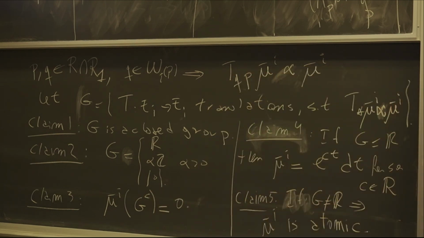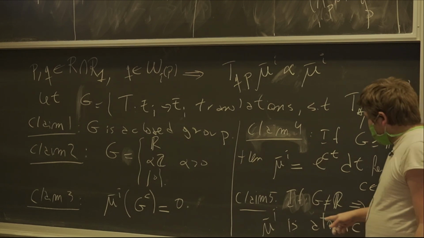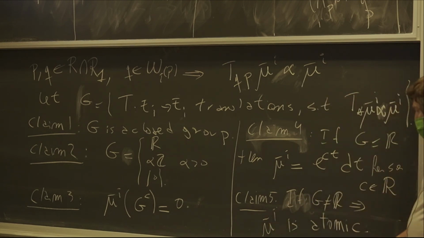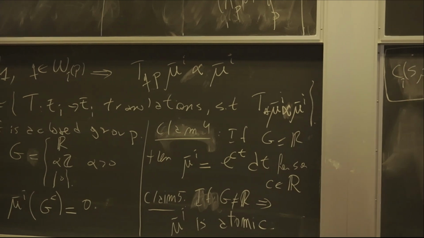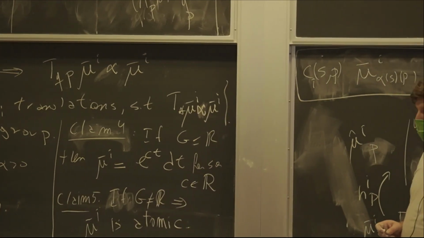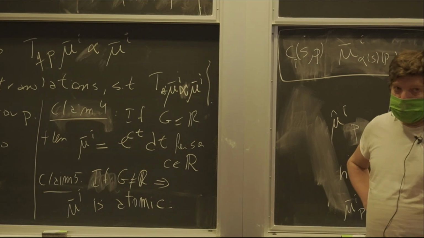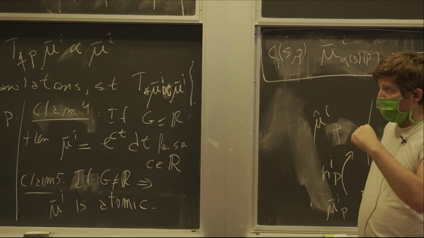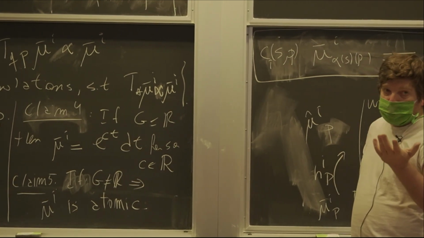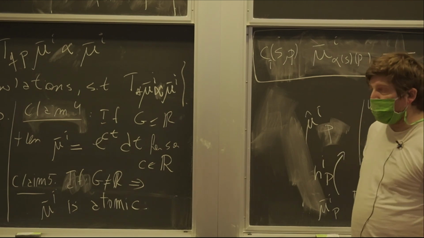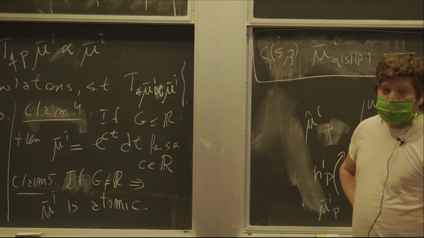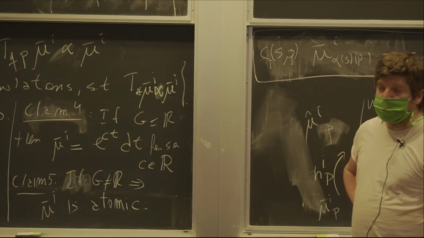And then this is essentially the end, because if mu bar I has atomic measure there, it means that mu bar IP, or mu hat IP, is atomic for almost every p. And this implies that if I take now a different element of the action, which makes the Wi the expanding direction and the other direction contracting, it means that the entropy of mu bar is 0 for this other element of the action.